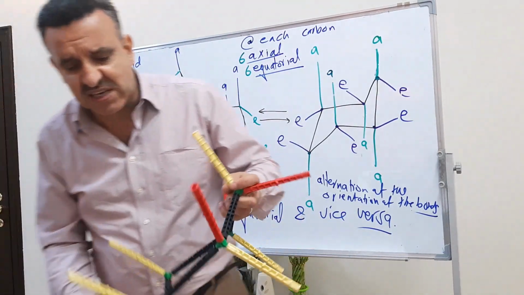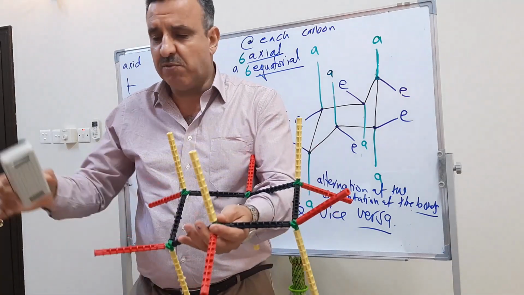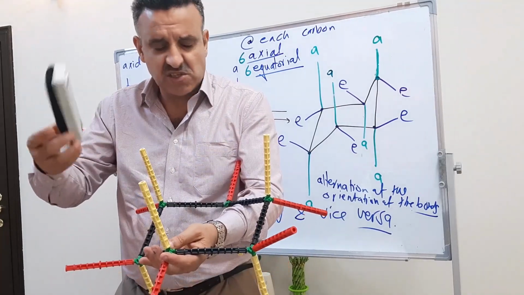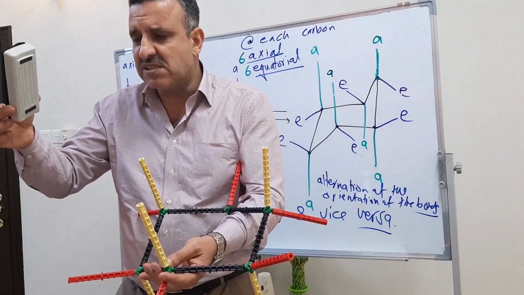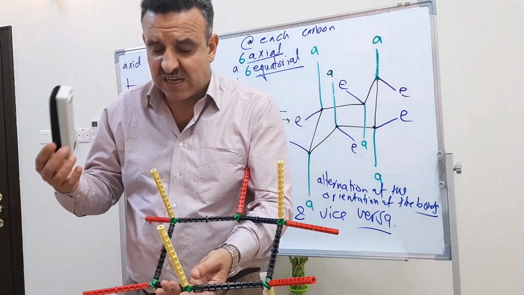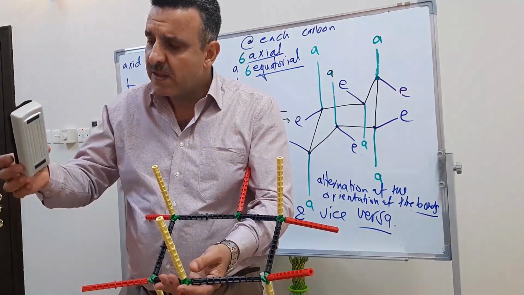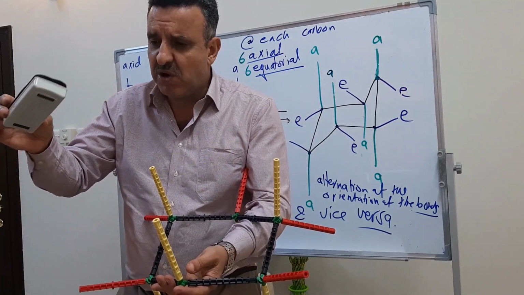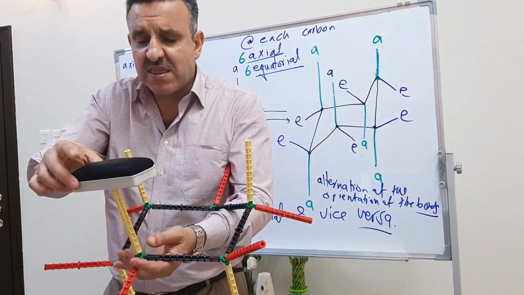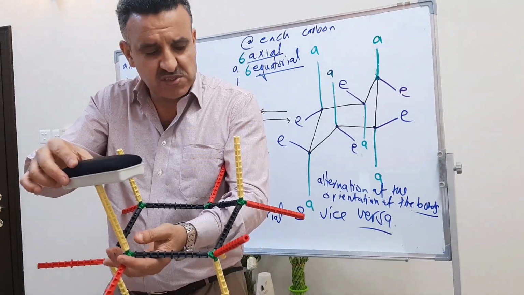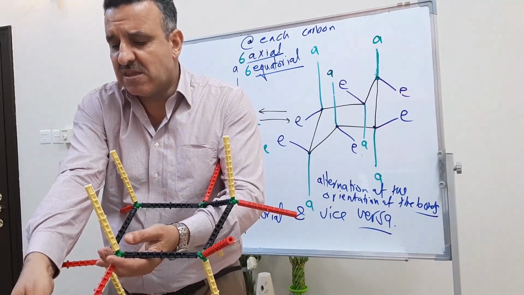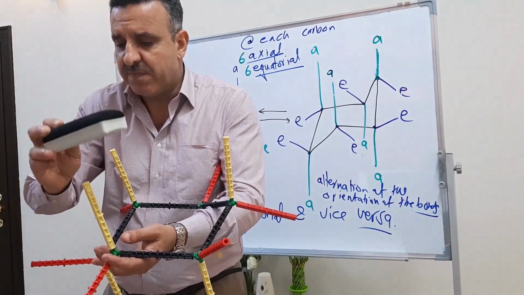I will represent the methyl with this eraser, just to show you that it has a huge size compared to the size of the hydrogen. In this case, the methyl has two options: either it may occupy the axial bond, which is the yellow ones, or it may occupy the red bond here. Do you follow me?